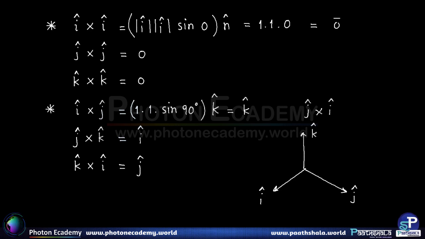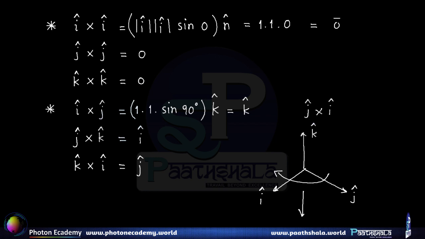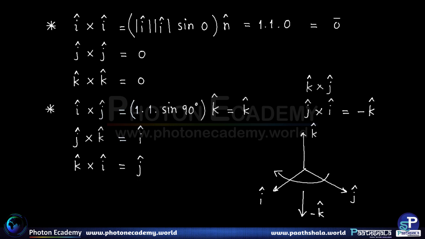When we do j cross i with our right hand, the thumb points in the negative z direction, and hence the unit vector in that direction must be minus k cap. So j cross i is minus k. Similarly, k cross j will yield minus i, and at the end i cross k will give us minus j.